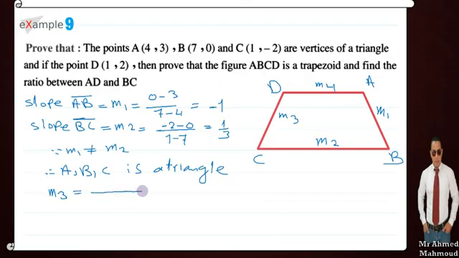which is the slope of CD. Okay, it's equal to 2 plus 2 over 1 minus 1. This is 4 over 0, which is undefined.